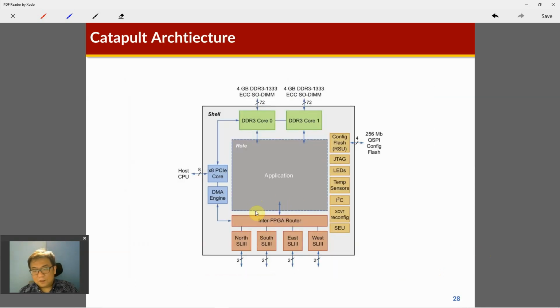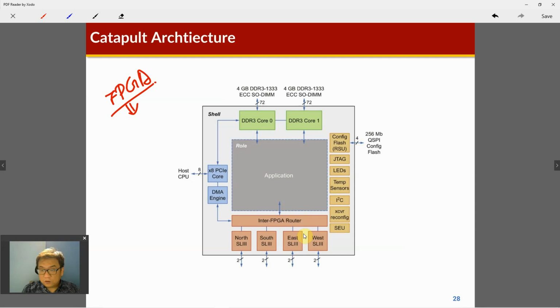So this is the architecture of the Catapult. Actually, the Catapult is an FPGA. What is an FPGA? FPGA is a field programmable gate array. In the FPGA, we can implement any design with RTL, like Verilog or VHDL hardware description language.